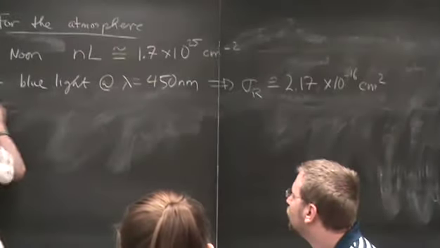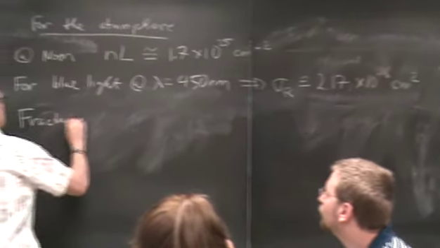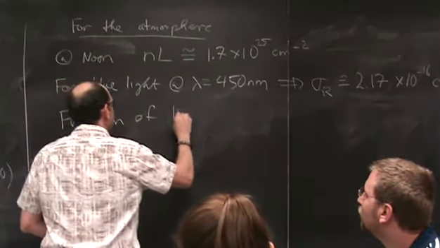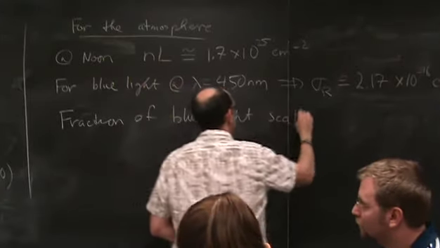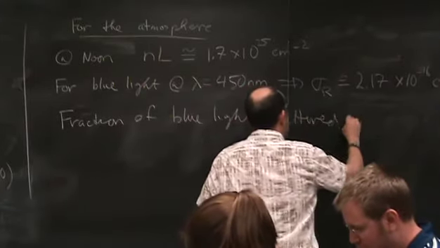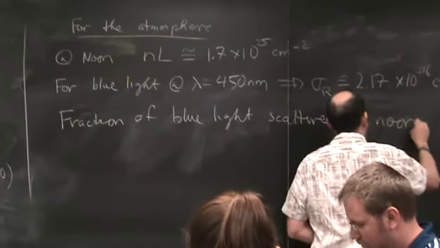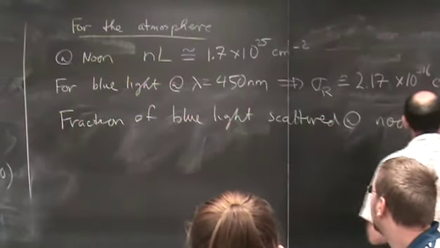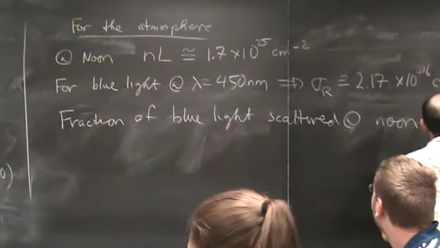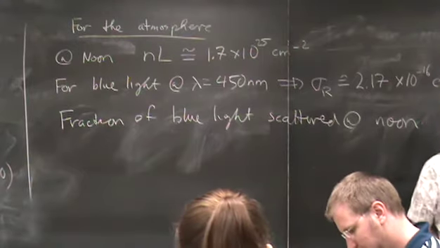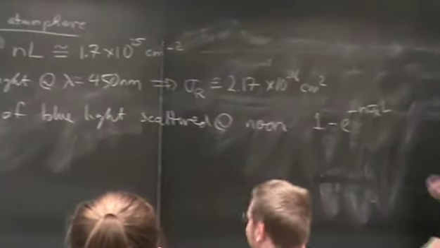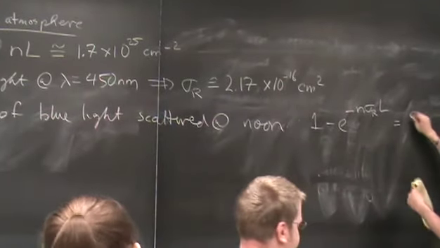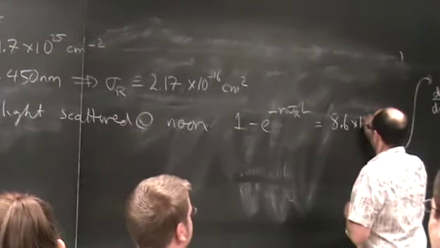Okay, so the fraction of blue light scattered at noon through this length, which is 1 minus the Beer's attenuation, is 8.6 times 10 to the minus 3.